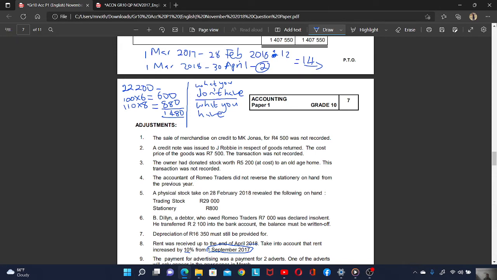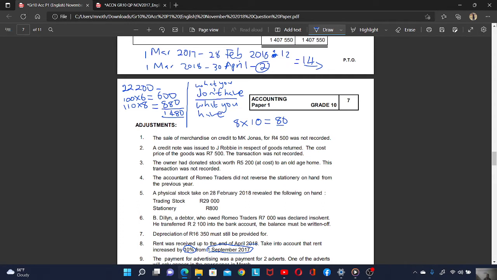This 10% is for 8 months, because it is from September, October, November, December, January, February, March, April. So 8 times 10% is equal to 80%.